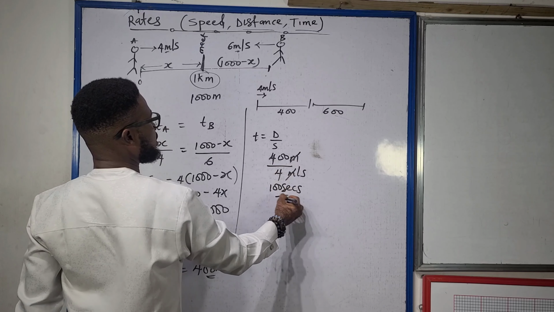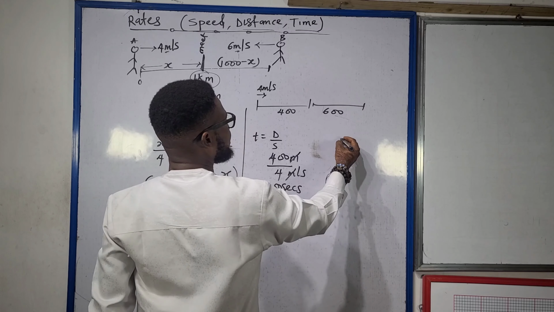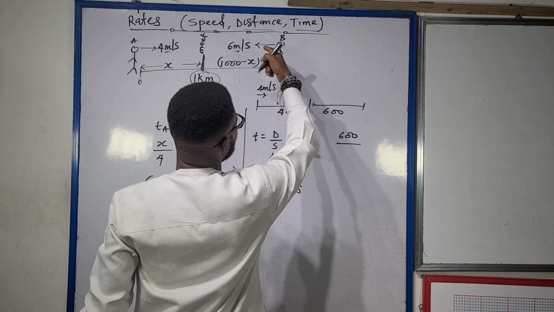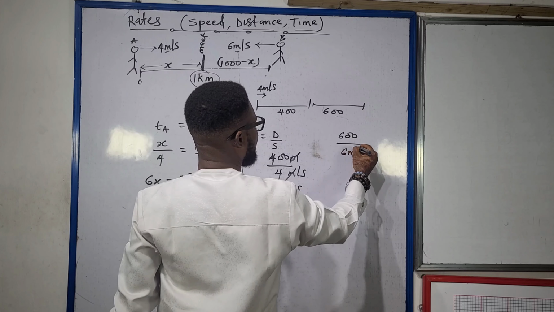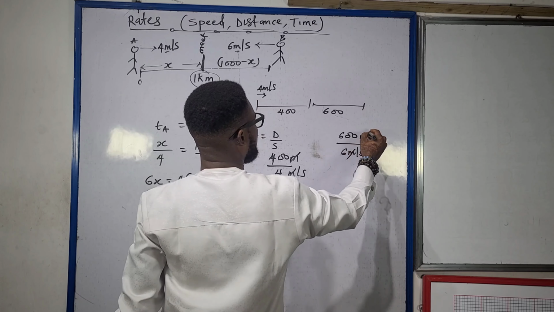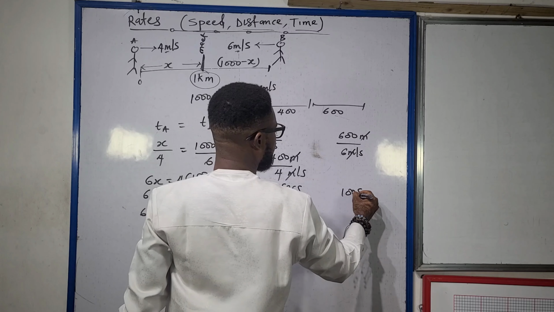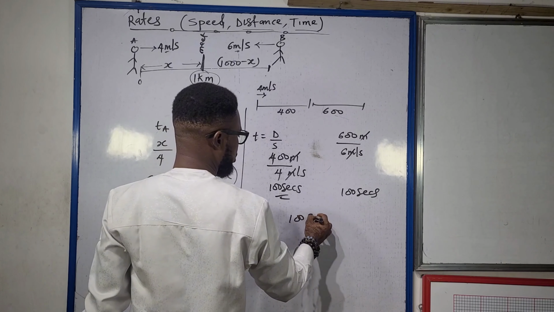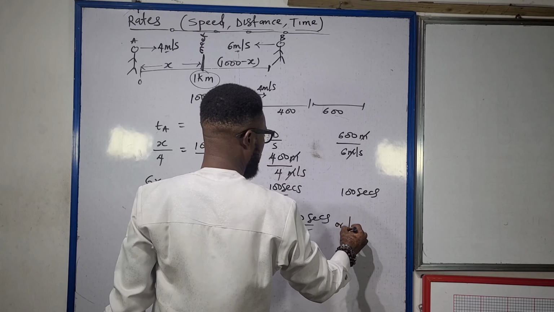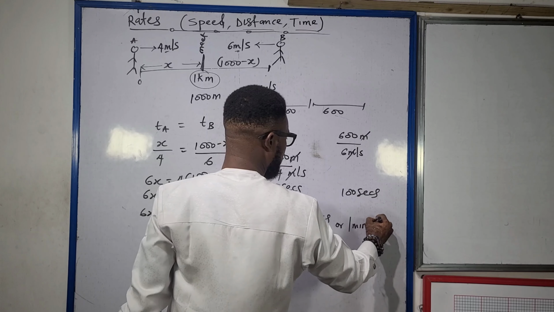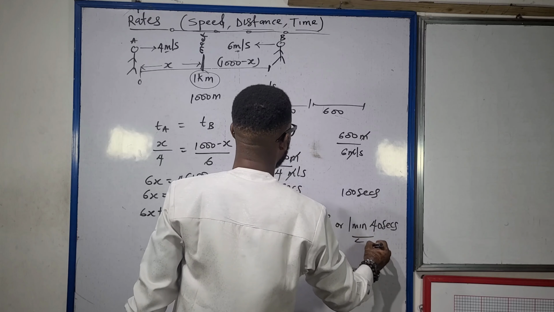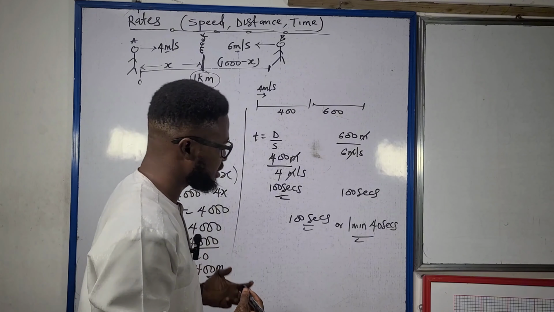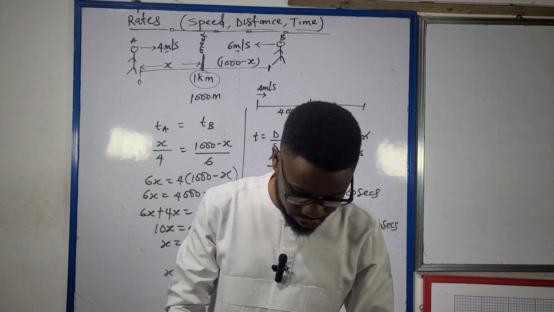If I decide to use this, the timing here is going to be 600, that's the distance, divided by the speed, which is 6 meters per second. So this will still give me 100 seconds. So they basically meet after 100 seconds, or 1 minute 40 seconds. So that is the answer there. A running towards B, the timing they meet is going to be the same, and that is how you go about that question.